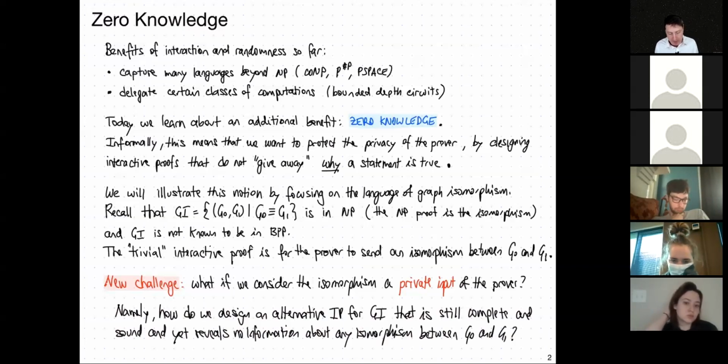What we're going to see today is how to design an alternative interactive proof for graph isomorphism that is still complete and sound. That's what it means to be an interactive proof. And yet, it will provably not reveal any information about any isomorphism between G0 and G1. That is what we're going to do today.